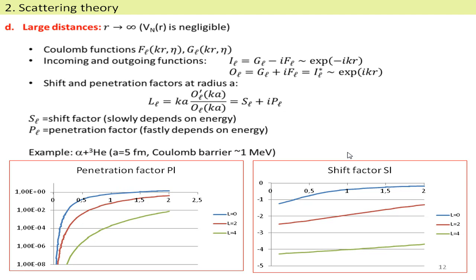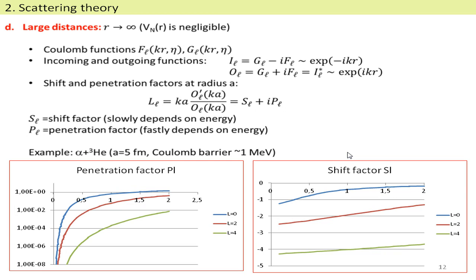So this is the penetration factor plotted as a function of energy, and for angular momenta 0, 2, 4. And as you can see, there is a strong Coulomb effect below the Coulomb barrier. This is related to the fact that you are far below the Coulomb barrier, so the penetration probability is quite small. You can see here you have a logarithmic scale, and you also see that when you increase the centrifugal barrier for a given energy, this probability vastly decreases.